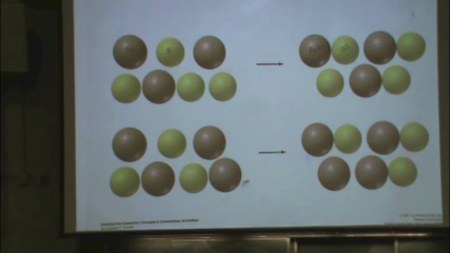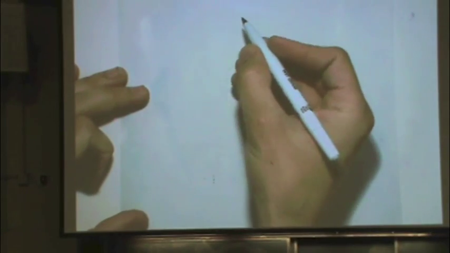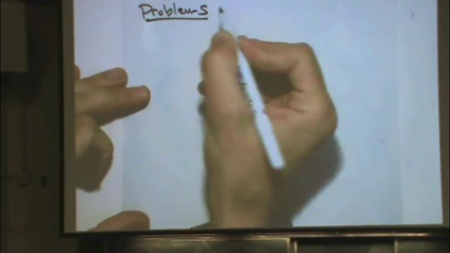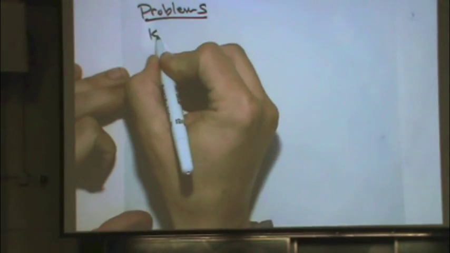Okay? So this is a concept that we can actually do math with, and we will, in just a moment, as soon as I turn the page. Let me tell you about these problems a little bit first. In these kinds of problems, there's a couple things to know. Limiting reactant problems. Here's the key first.